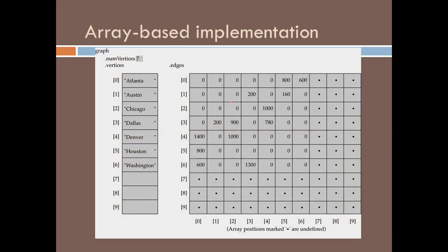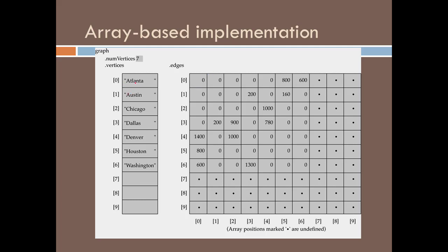For example, keeping in mind the previous graph, we have 7 nodes, namely Atlanta, Austin, Chicago, Dallas, Denver, Houston, and Washington, and there were multiple connections. Looking at the connections and the vertices, we draw this adjacency matrix. It is a two-dimensional array, and we put the values in this data structure.